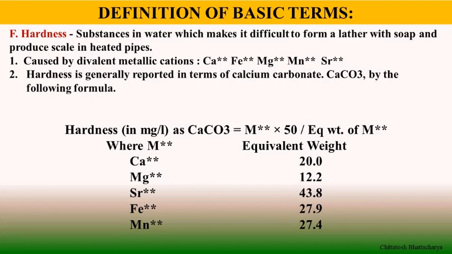Hardness is a result of metallic cations like calcium, iron, magnesium, manganese, and their carbonates and sulfates. By hardness we mean how the water is made difficult to form a lather with soap and produce scale in a hot pipe or tube.